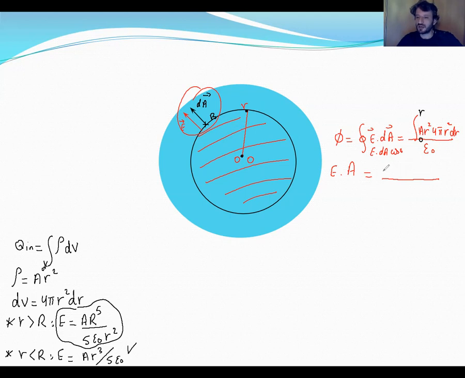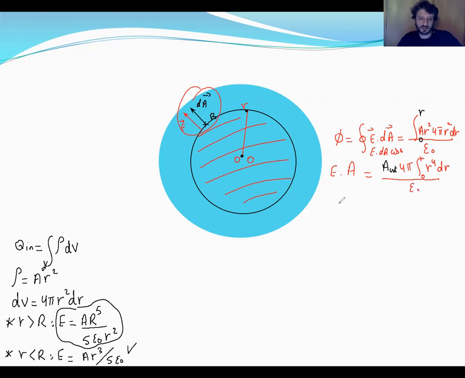We take out a constant. This one is constant, it's not the area. A constant times 4 pi times the integral of r^4 dr between 0 and small r divided by epsilon.